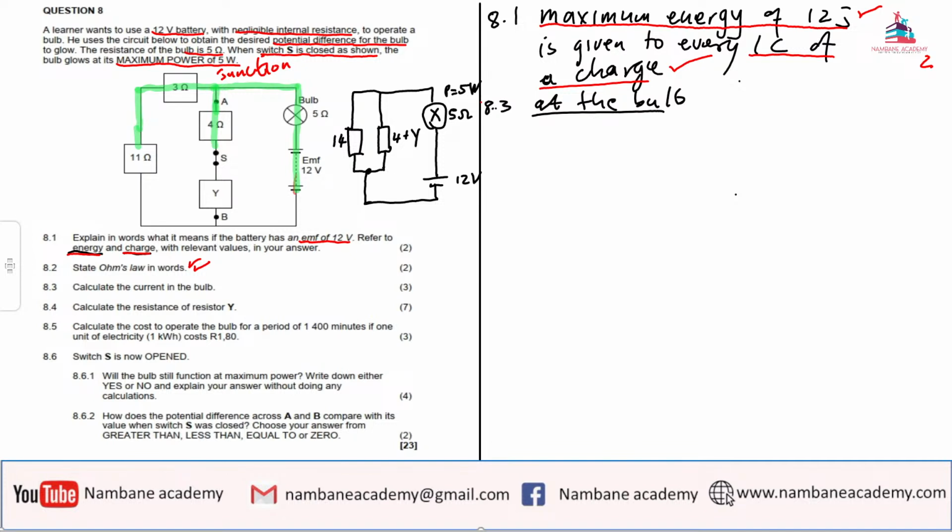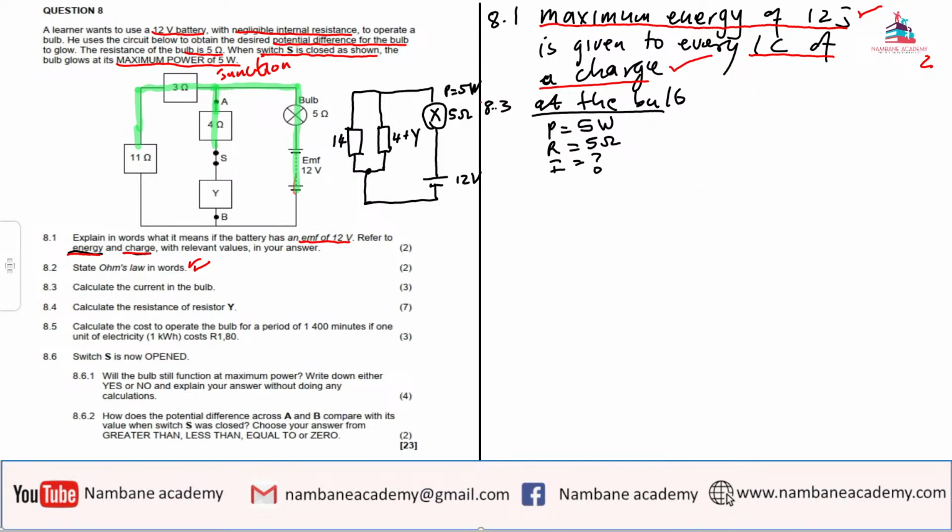So if you are in the bulb, what does that say? It says you have P equals 5 W. You have now R, which is equal to 5 ohm. What is the question? The question is just the current in this particular question.